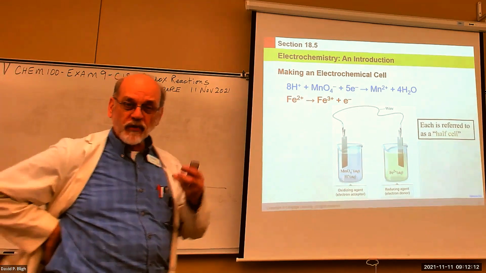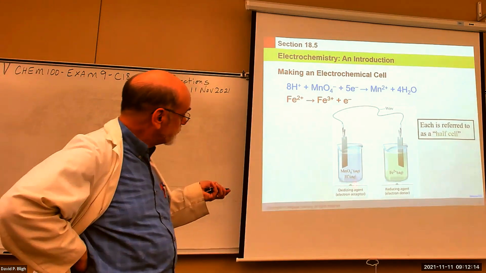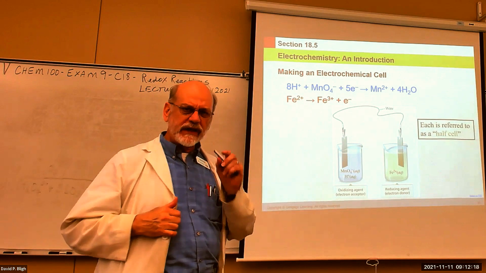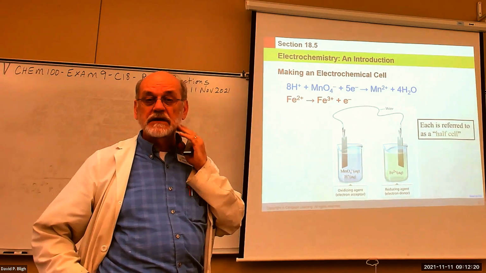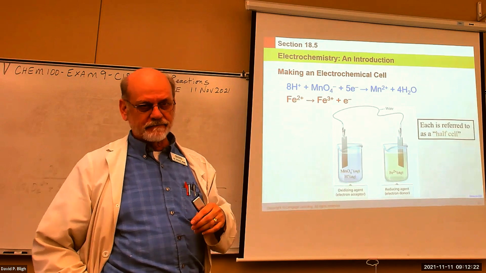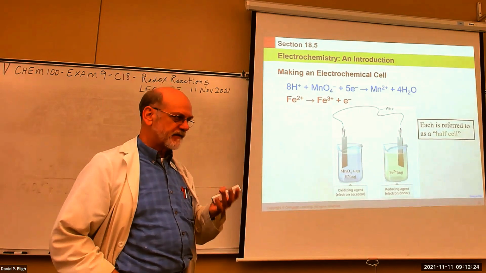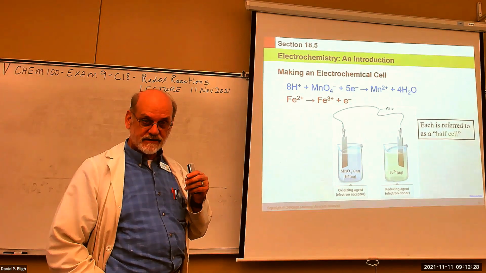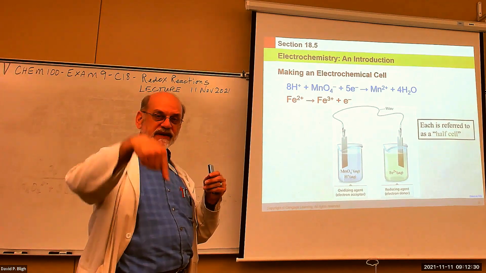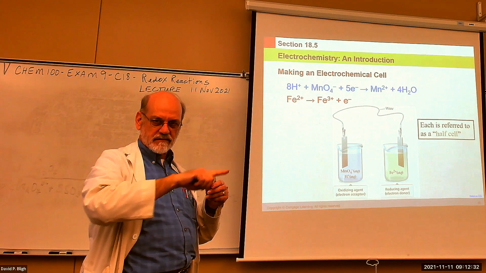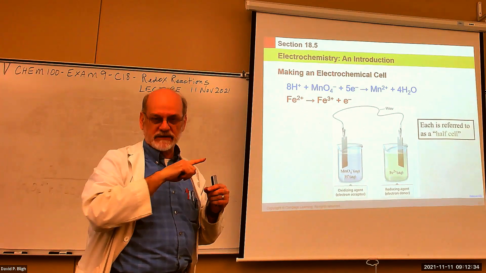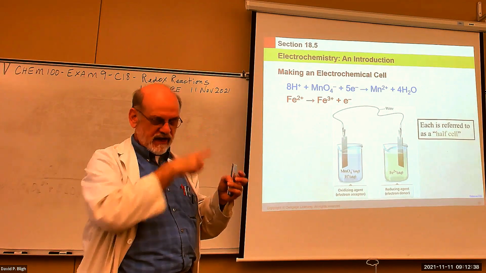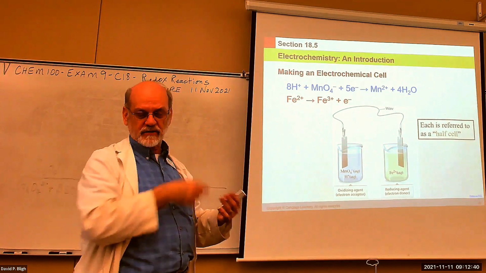And if we separate the half reactions like this, keep them apart from one another, then the only connection they have with one another is through the electrons. The problem is that in all electrical circuits, there must be a complete movement of electrons and ions between the two. That's why they call it a circuit, because it goes in a circle.